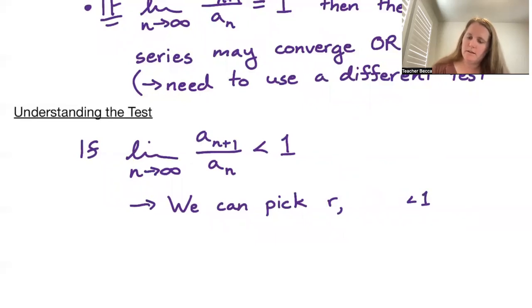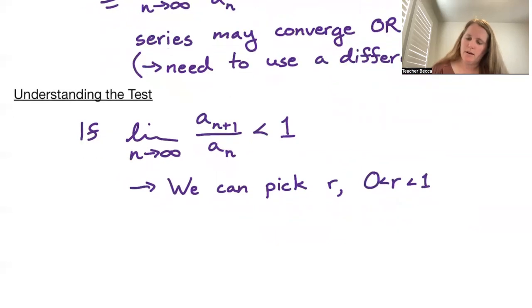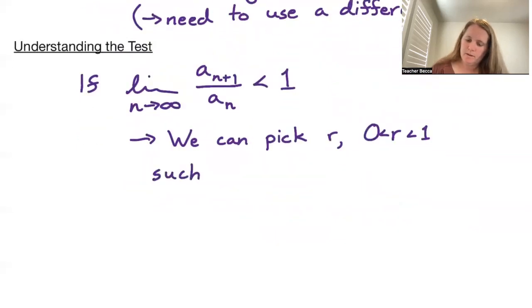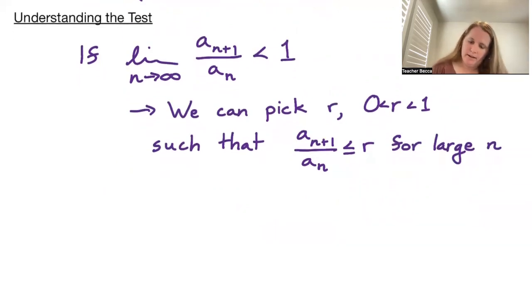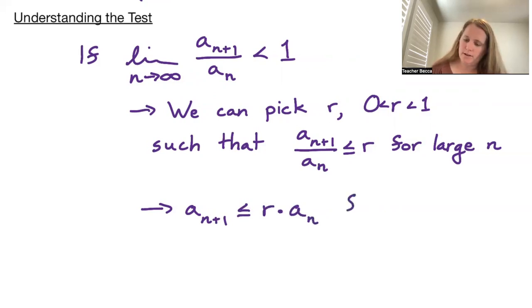Such that a sub n plus 1 over a sub n is less than or equal to r for large n. So what that means then is that a sub n plus 1 is less than or equal to r times a sub n for large n.